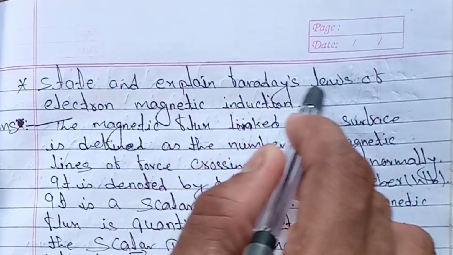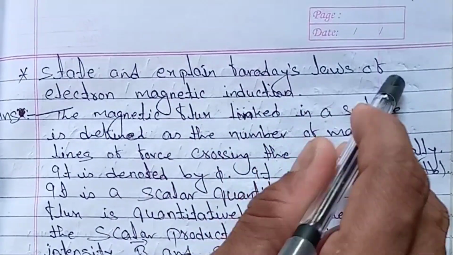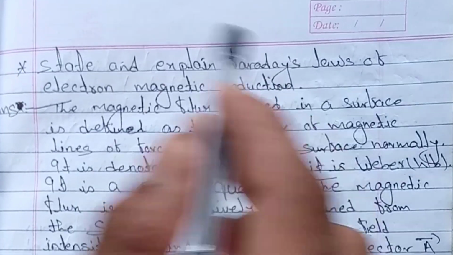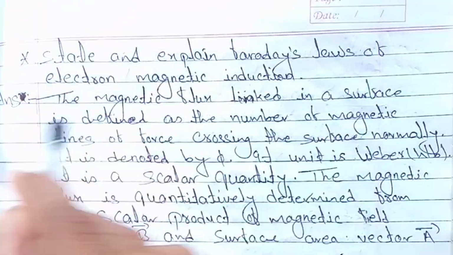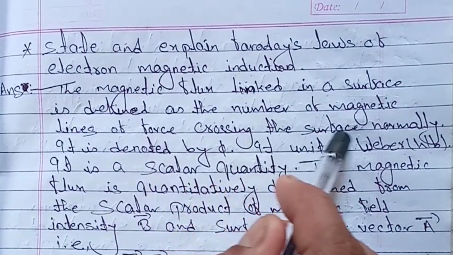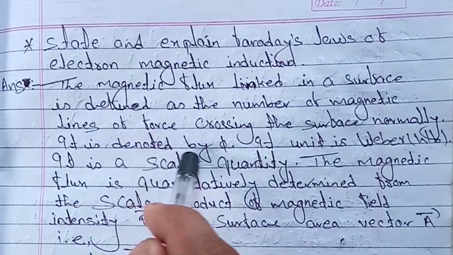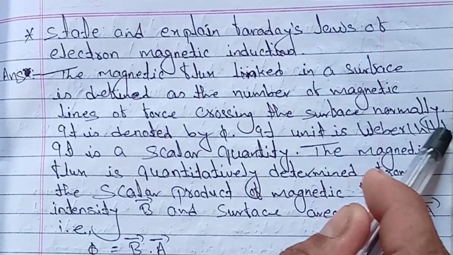State and explain Faraday's law of electromagnetic induction. Answer: the magnetic flux linked with a surface is defined as the number of magnetic lines of force crossing the surface normally. It is denoted by φ. Its unit is weber, Wb.